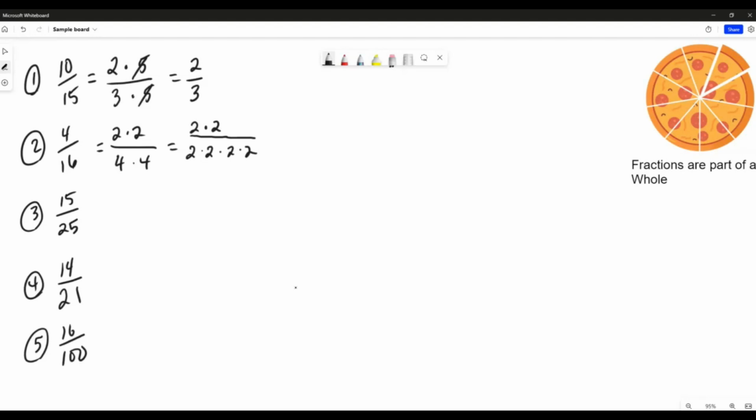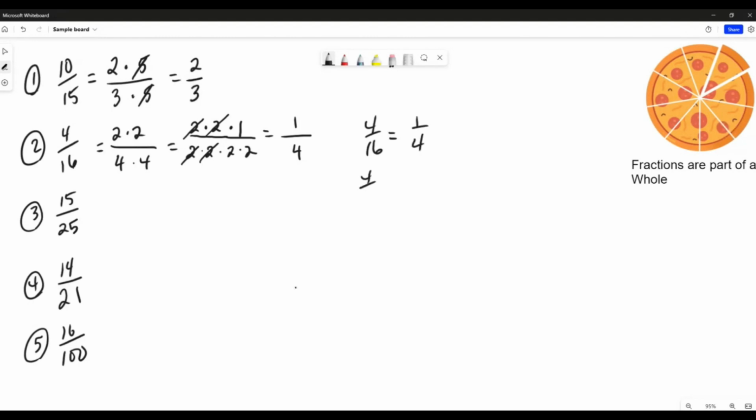Now I see that this 2 can divide out with that one, because that's 1, and this 2 can divide out with that 2 because it's 1. Oh, wait a minute, there's no number left on top. But really there is. 1 is always a factor. So on the top, we're left with 1. On the bottom, we're left with 2 times 2, or 4. 4/16 is exactly the same as 1/4.